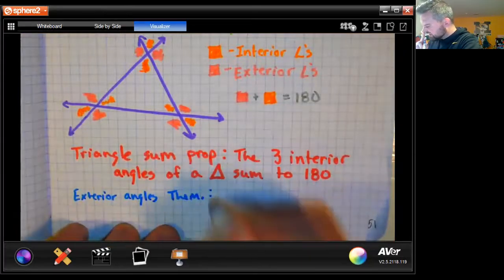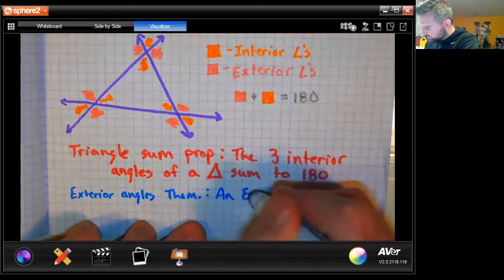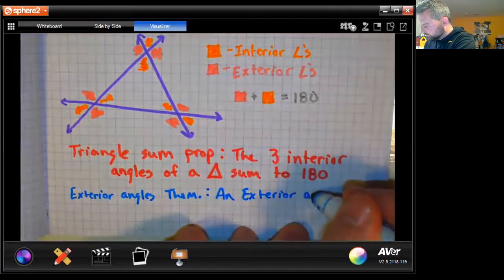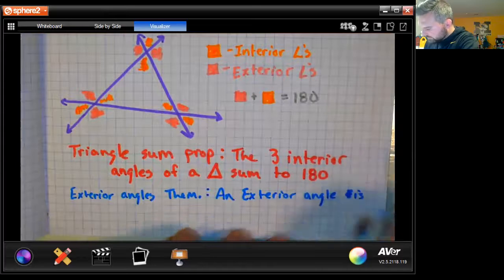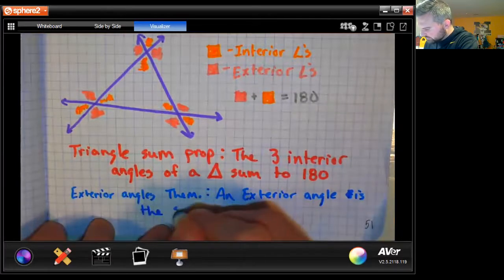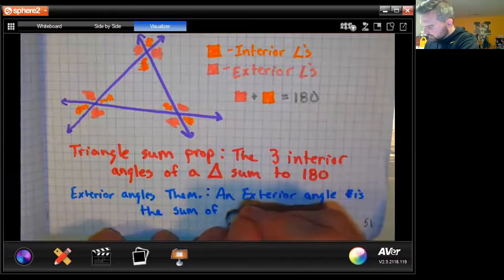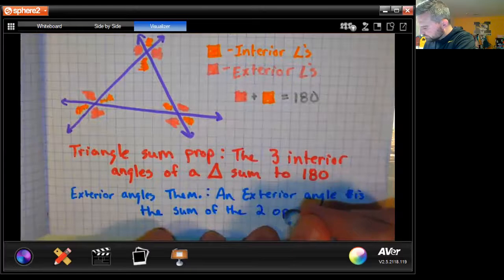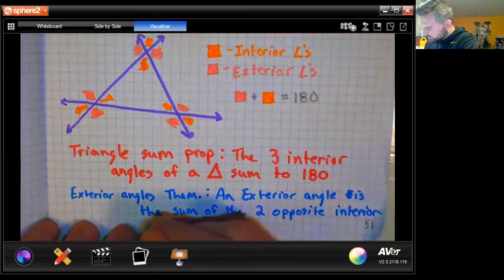Okay. It says that an exterior angle is the sum of the two opposite interior angles.